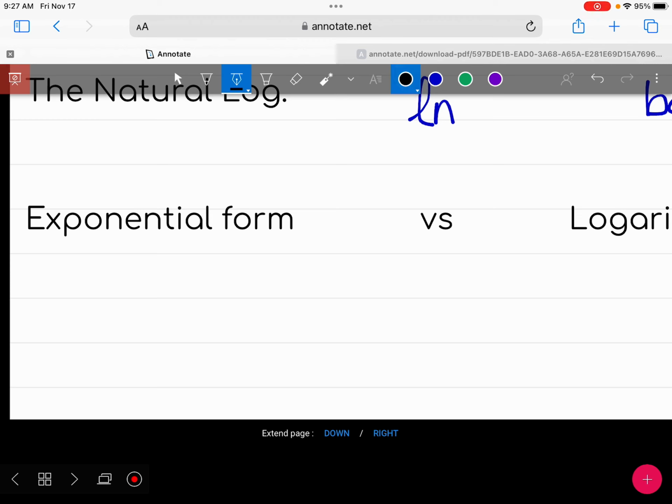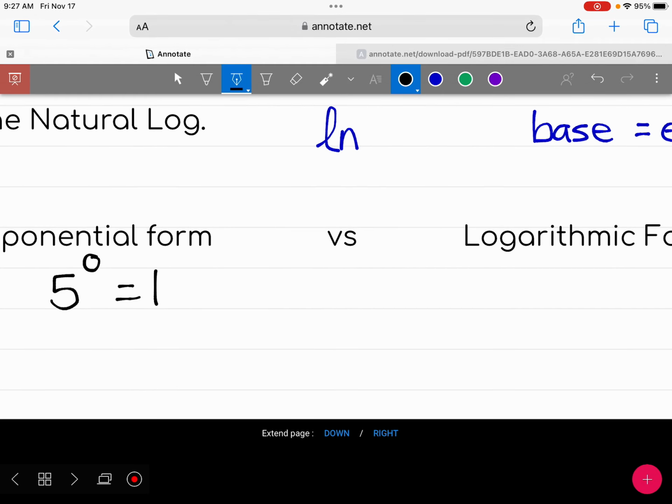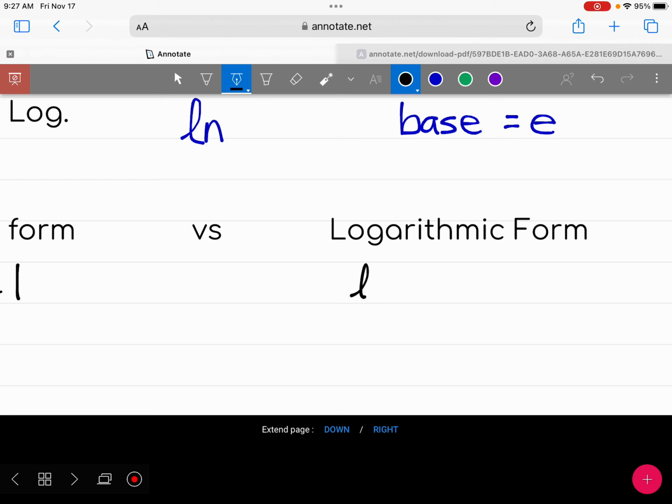So if we have something like 5 to the 0 equals 1, and we want to switch it around to a log, using our b to the e equals a to our log bay, we're going to write this as log with the same base of 5 of 1 equals 0.